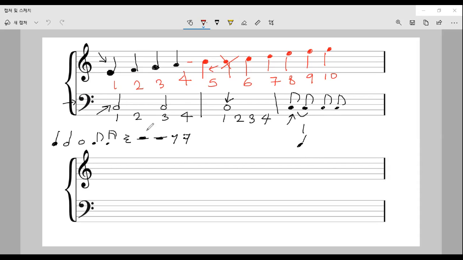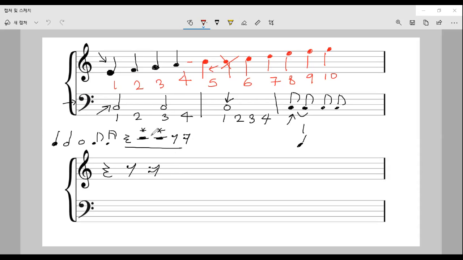Okay, and then let's draw the rests here on the staff. 1, 2, 3, 4. And then this one, the eighth rest, and then the 16th. But for these two, the half rest and the whole rest, we have a specific space.